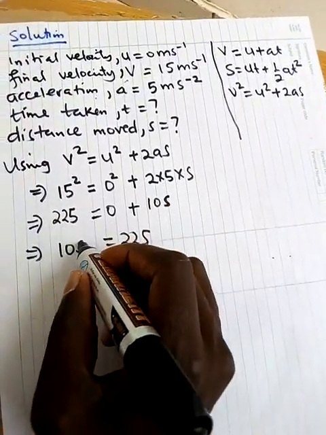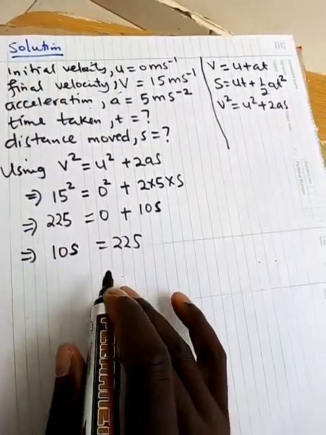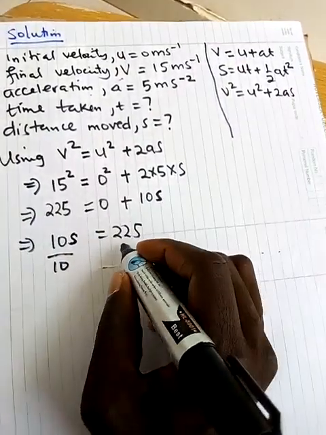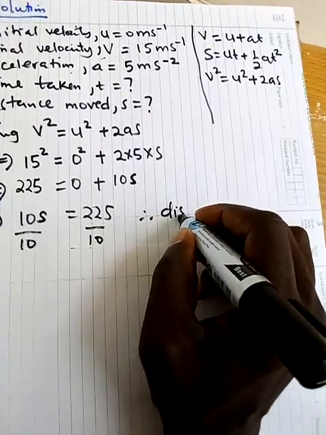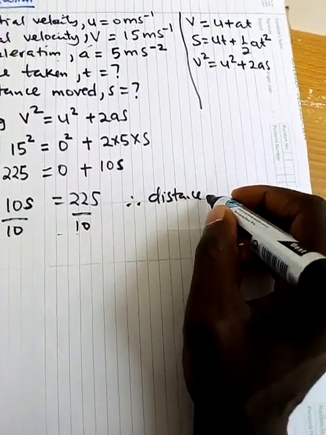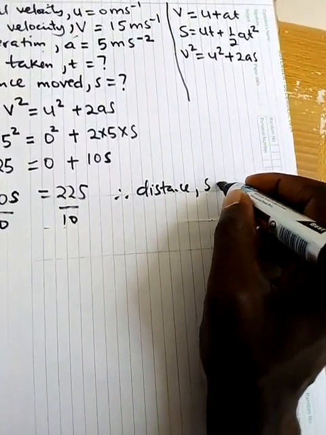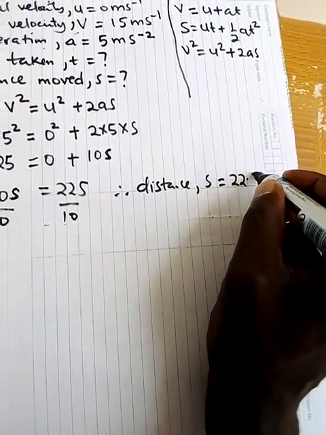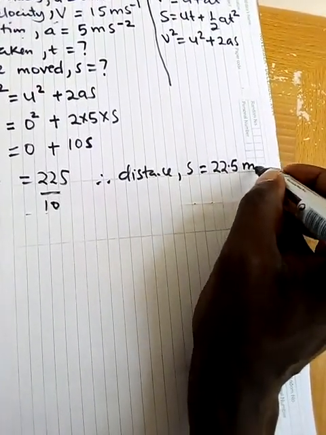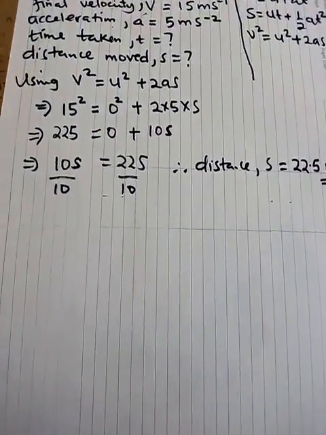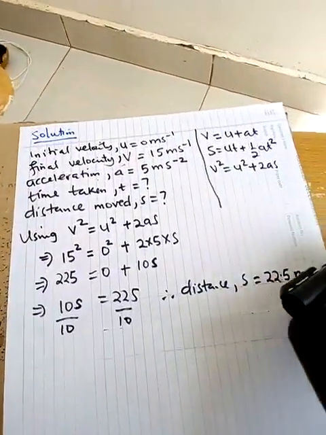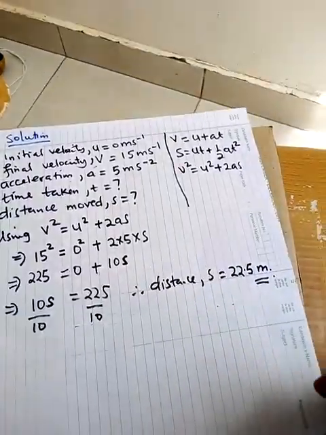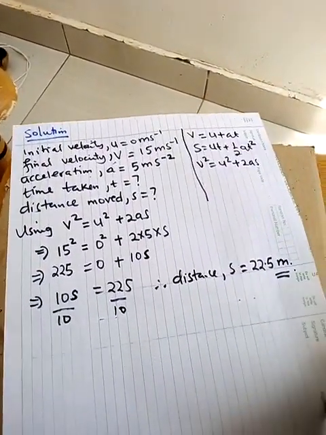This is S. So I divide throughout by 10, and eventually I have my distance moved. My distance, S, is equivalent to 22.5 meters. The SI unit is meters. So don't get confused there, and again use meters per second squared.